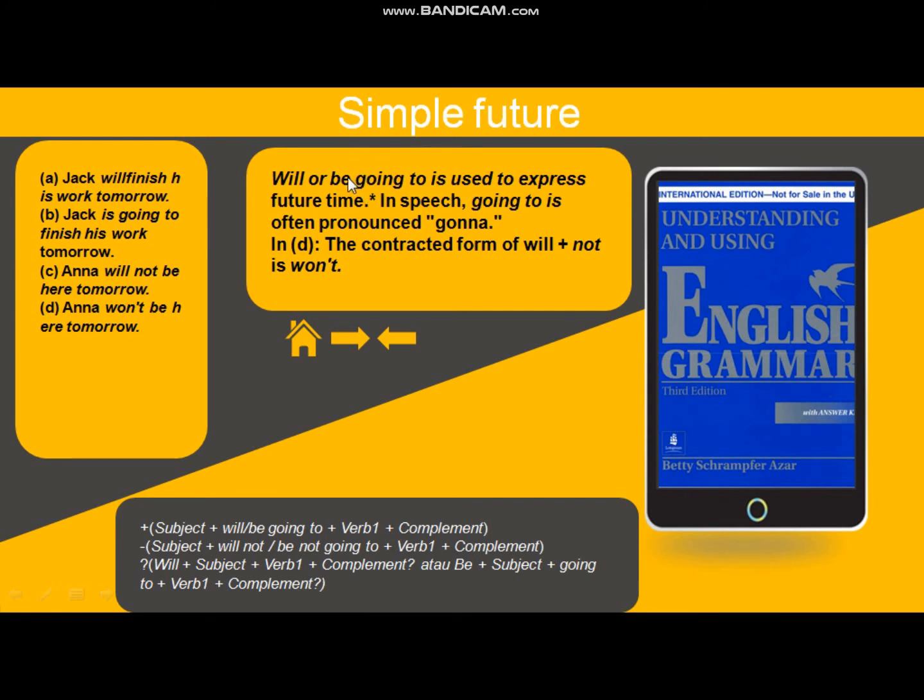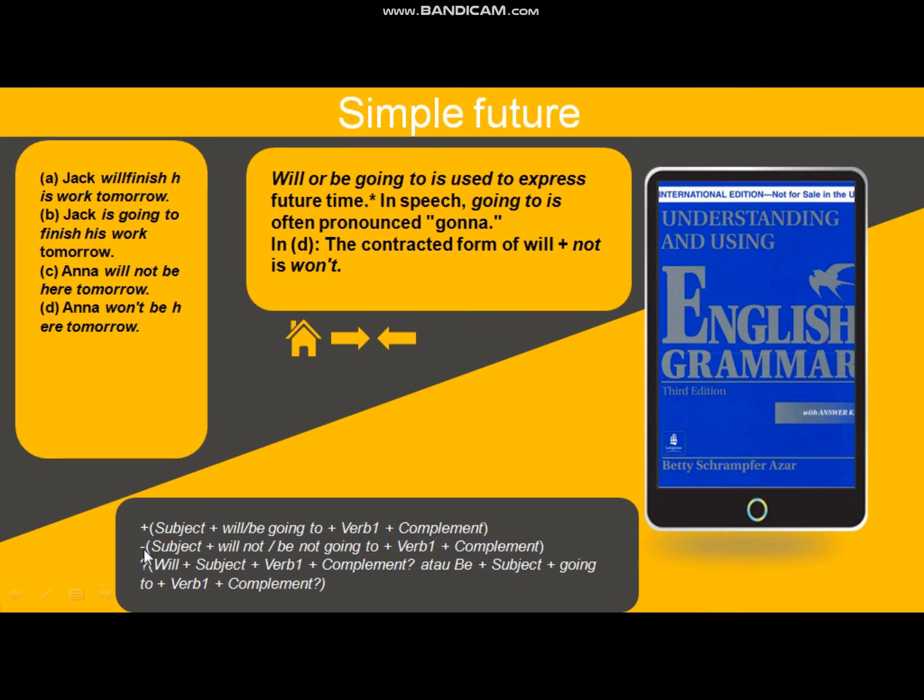Simple future: will or be going to is used to express future time. In speech, going to is often pronounced gonna. Yes, you can say gonna like that. It is like slang, or you can use it with your friends. And this is the formula: subject, will or be going to, verb, and complement.